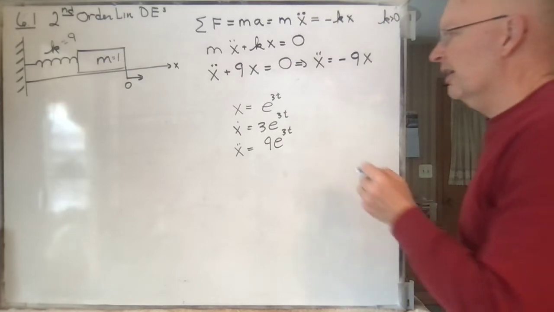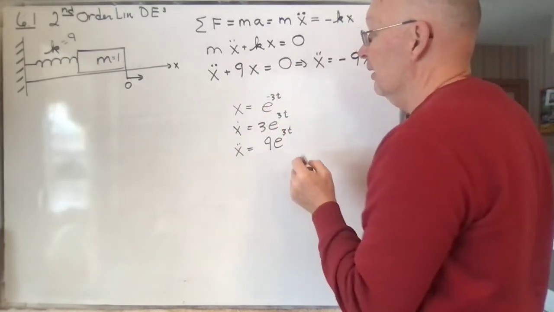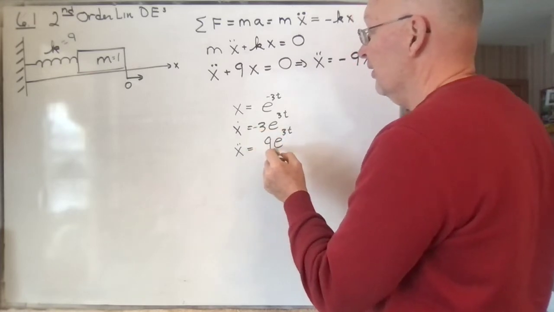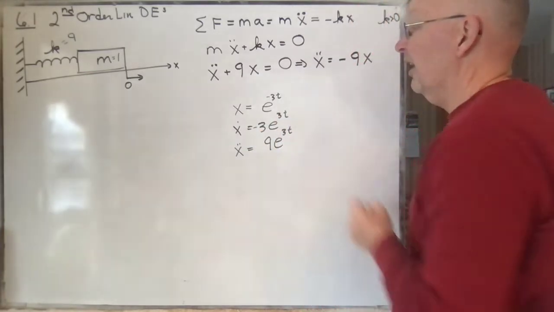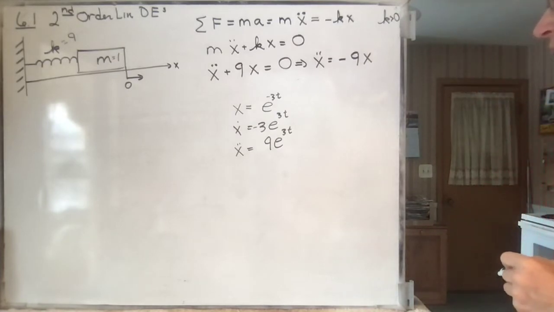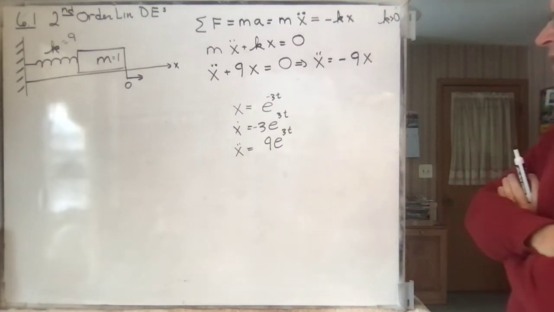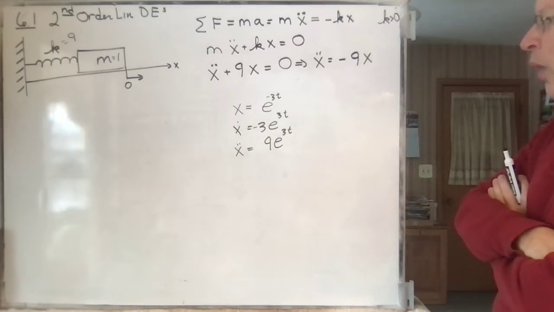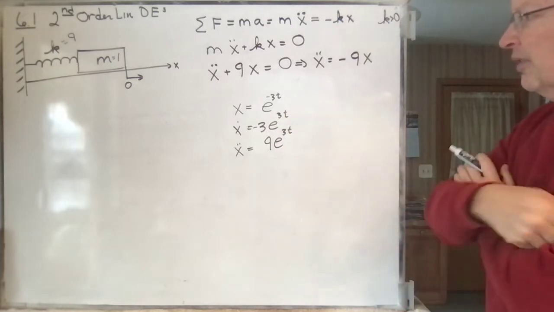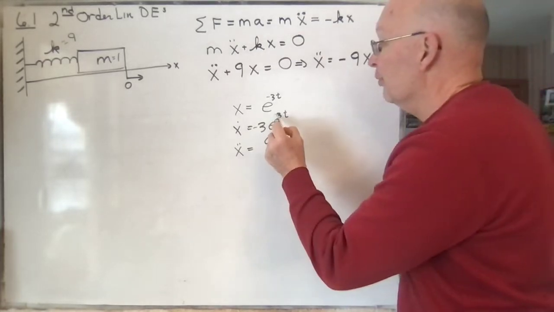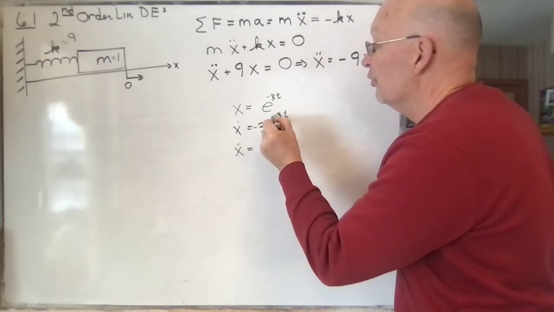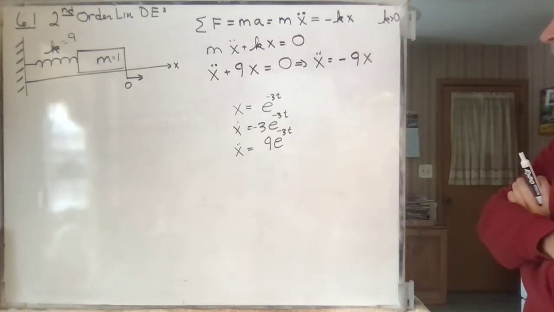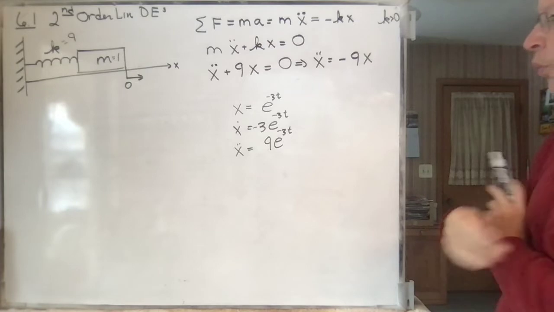So you could try putting a negative here, but then the two negatives would be back to a positive again. So this is 9 times that rather than negative 9 times that. So that doesn't work. By the time we take the second derivative, we want just one negative rather than two negatives. So how would we get just one negative?